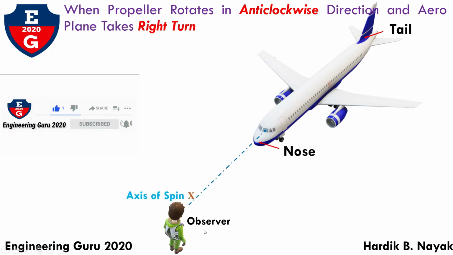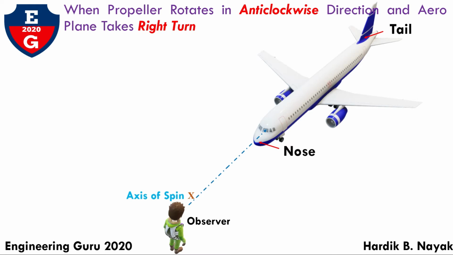We are looking at the plane from the front, and while looking from the front, this axis is called the spin axis. The propeller is turning in anti-clockwise direction. This rotation indicates the angular velocity of the propeller, denoted by omega.